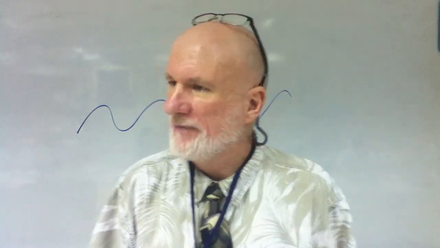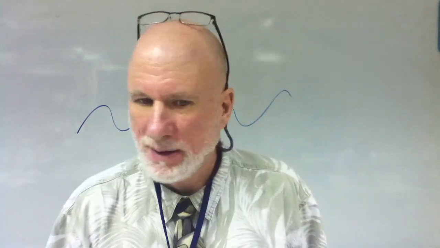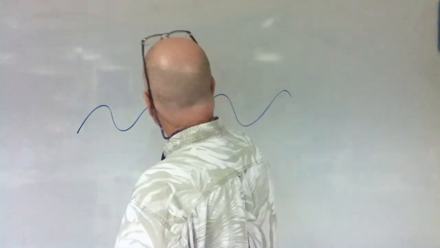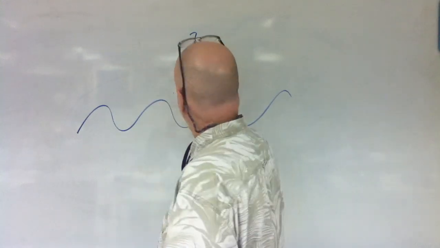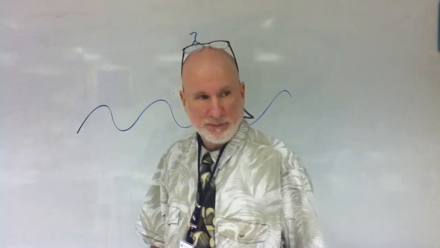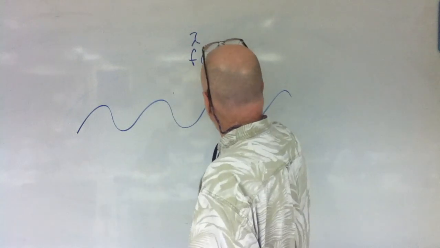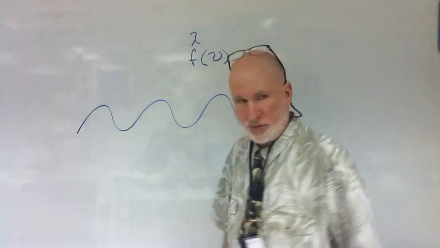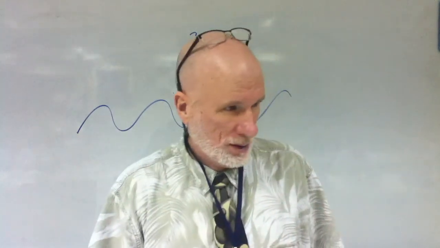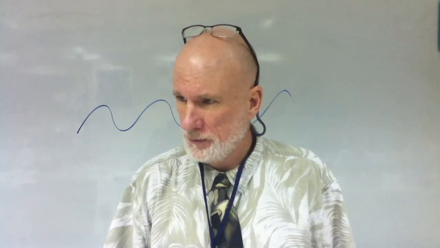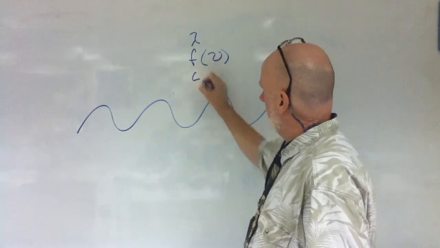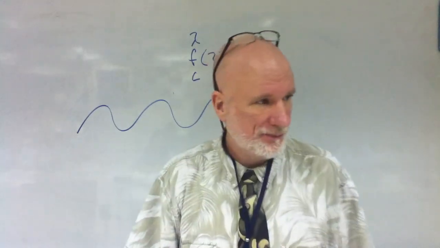You're talking about wave mechanics. Shall I write it down in symbols? The wavelength, the frequency, which is also shown as the letter nu. What did we use, f or nu? Nu. c is the velocity.